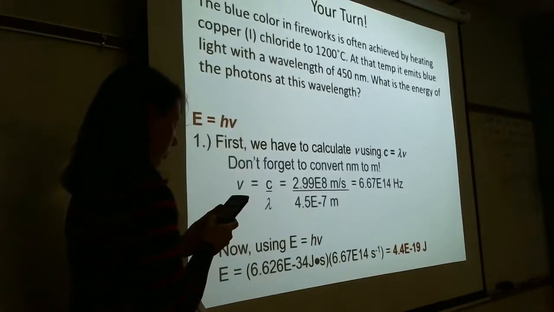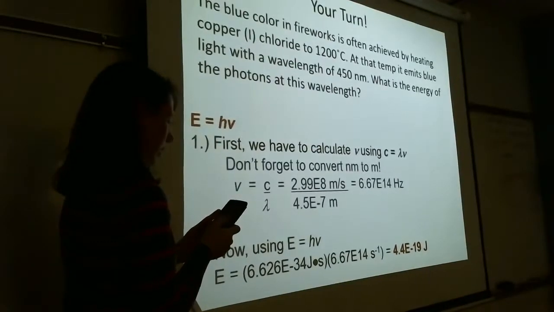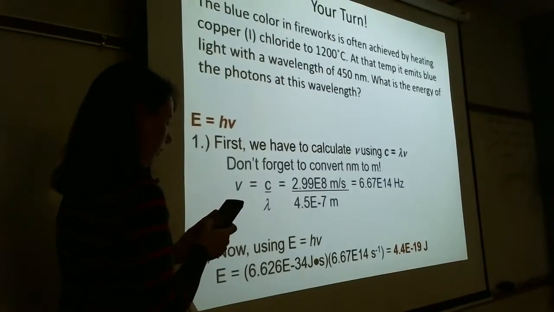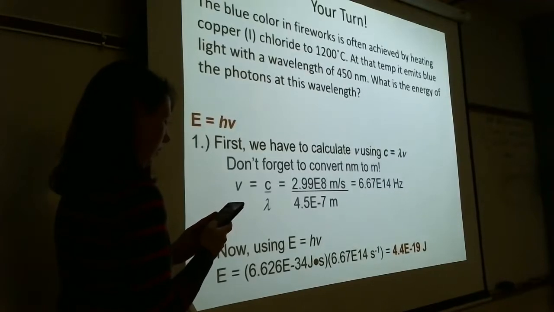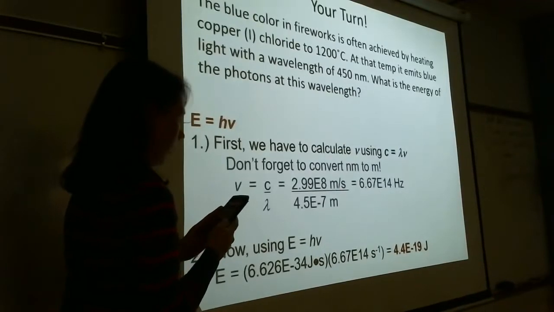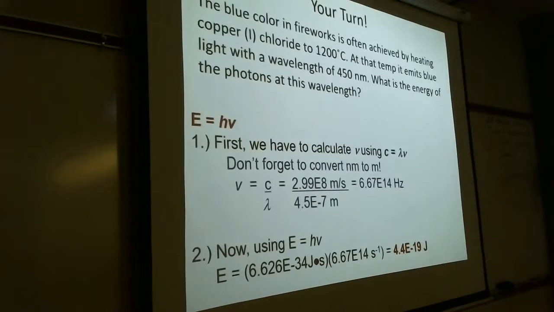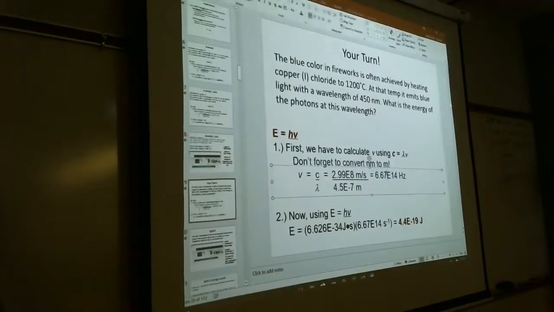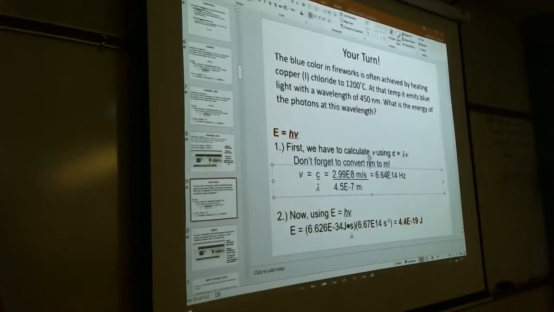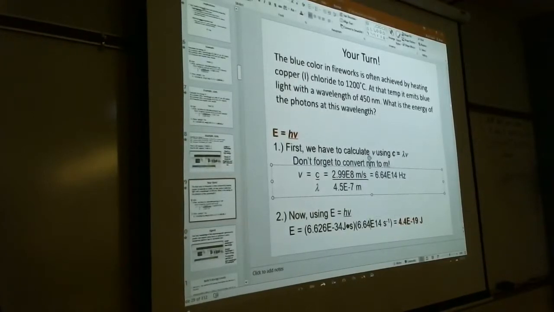Okay, maybe that's where it is. 2.99 times 10 to the 8 divided by 4.5 times 10 to the negative 7. 6.64. Okay, I see. So I just rounded my answer slightly inappropriately, 6.64. Yeah, I accidentally put 2.9, not 2.99. Just something real trivial, but when the numbers are this small, it can make a difference.